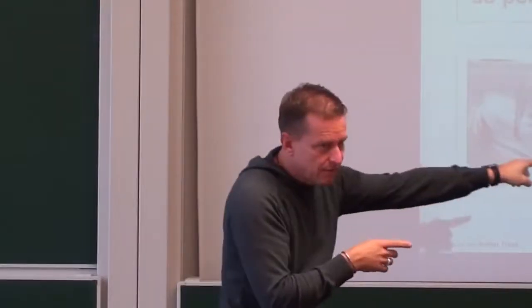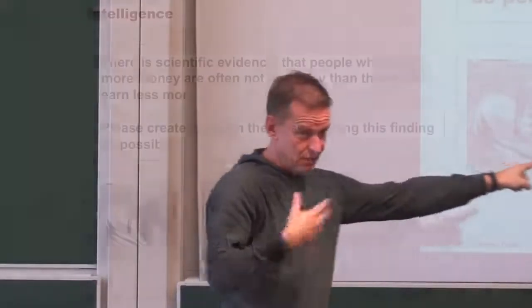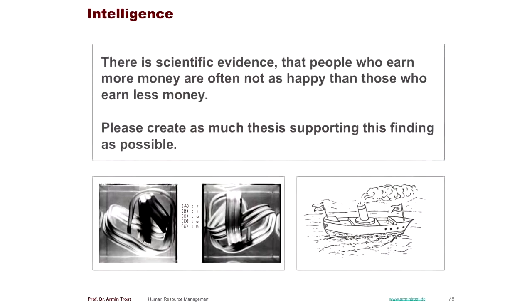The right one is taken from an intelligence test version which you use for kids, right? It's the same again. If you look at this boat, the question is what is wrong with this picture. I mean, you know that a boat is driving in this direction, and we can tell this from the water.